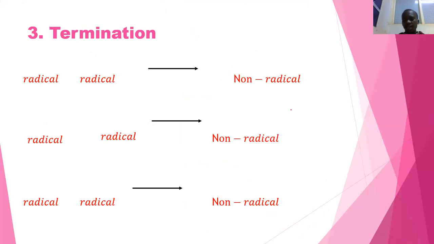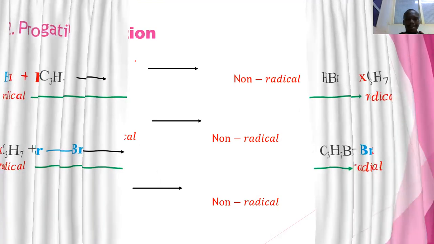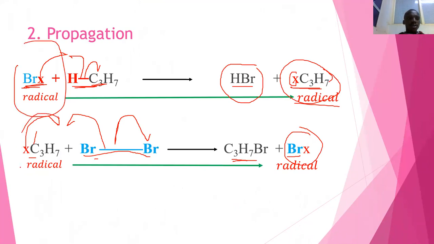Now, the end of the reaction here. We realize that in the termination, let me go back a bit. In termination now, these radicals that we have here, that one, this one, and also this one, they will react and form a compound which is a non-radical. So these four radicals will now react.